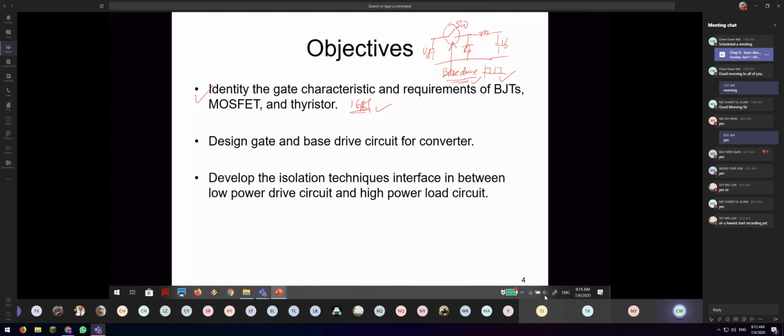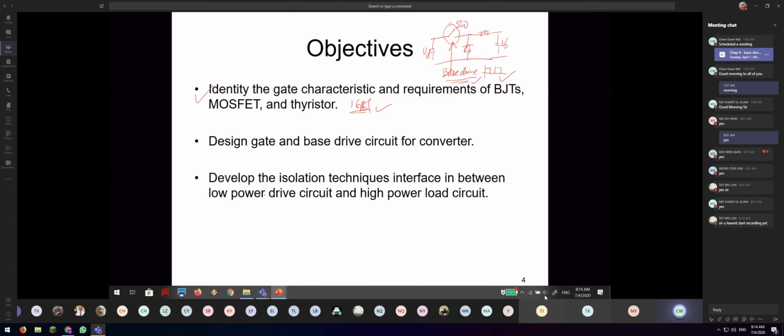However, most of these base drive signals are now controlled by an IC chip, because it is already fully customized according to the different behaviors.